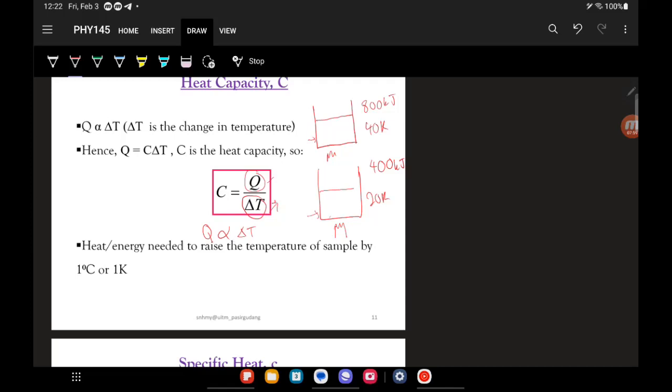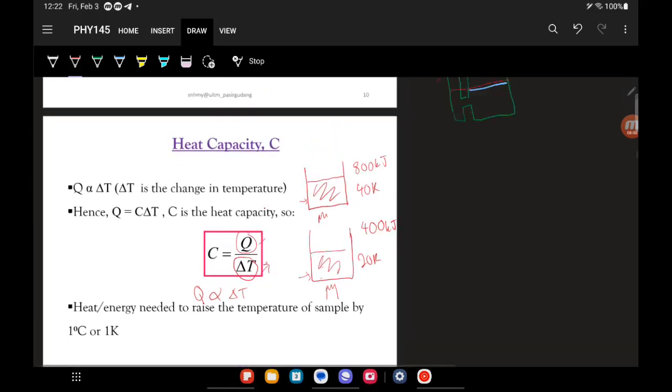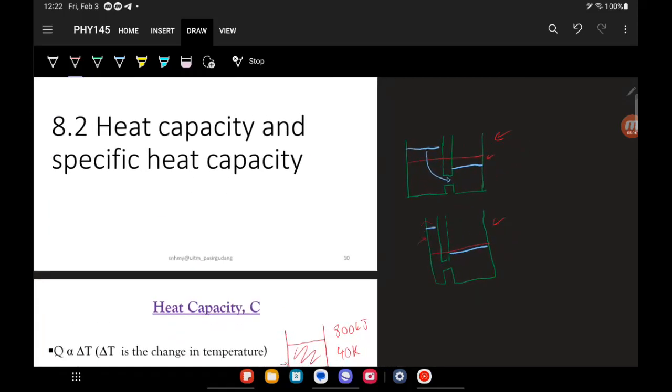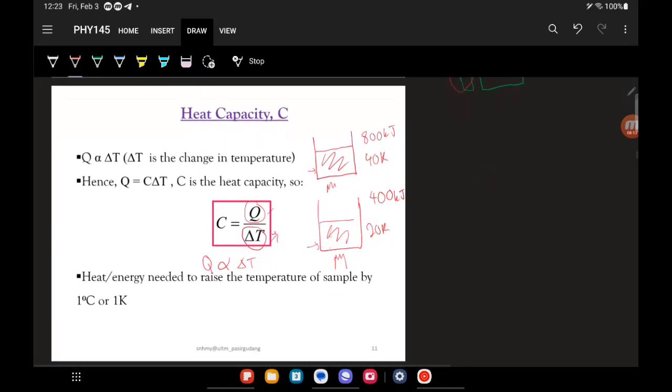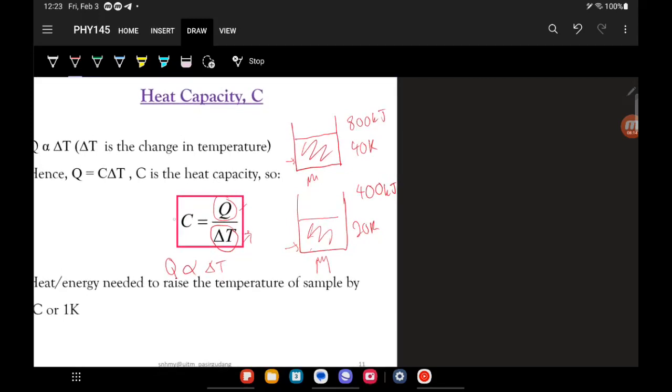But this proportionality depends on the material of the liquid or the object. As I mentioned before, if the object has a smaller heat capacity, the same amount of energy will increase the temperature more, so it becomes hotter quickly.